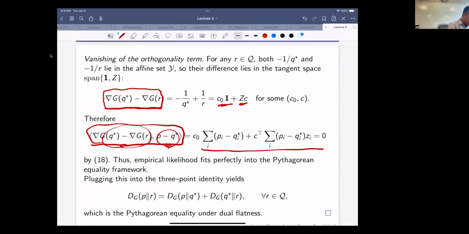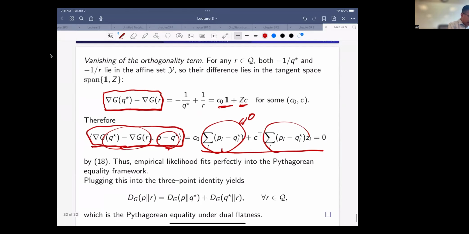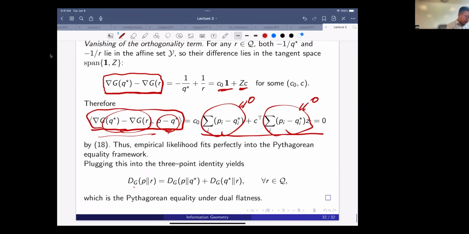And so this guy is equal to 0 because it's a density, right? And this guy is equal to 0 because of the moment condition, because P and Q star belong to the same M-flat model. So that means we achieve the orthogonality. That means we'll have this Pythagorean equality.